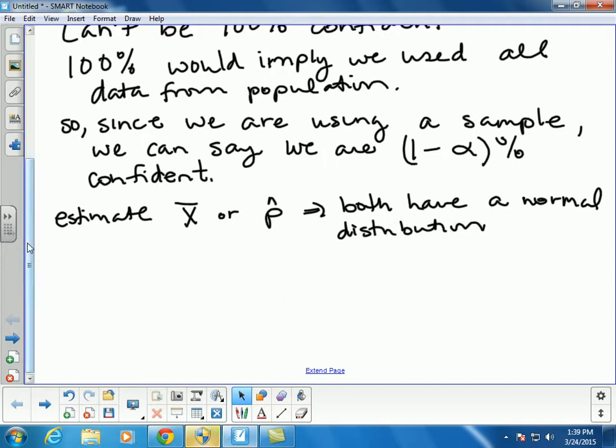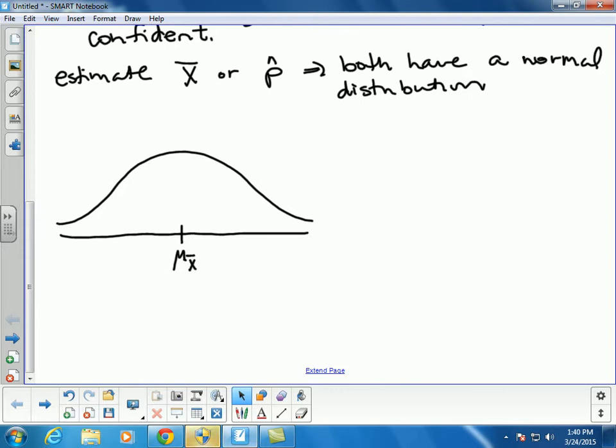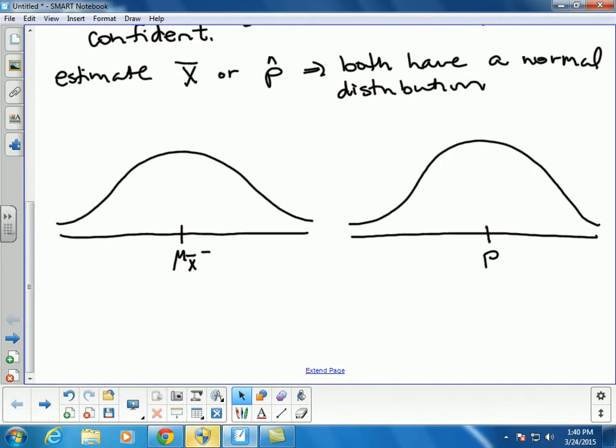So because of that, when we build these distributions, again around mu, and they're based around mu because the mu of x bar is mu, and same with the proportion. The middle of this is just p because mu of x bar equals mu, and p hat equals p based on the central limit theorem.